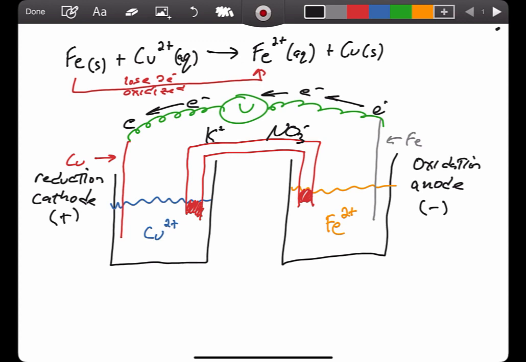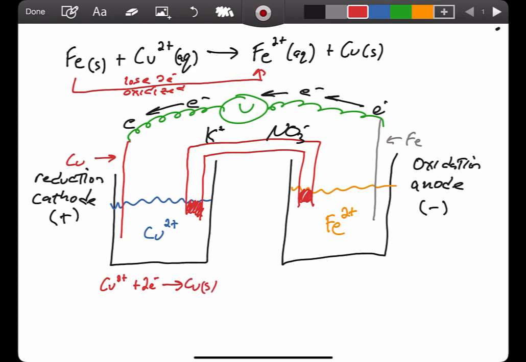And so for the salt bridge ions, we need to examine what is happening at each electrode. So here in the copper side, that's our site of reduction. So what we really have happening is I have copper 2 plus ions reacting with a couple of electrons turning into copper metal.